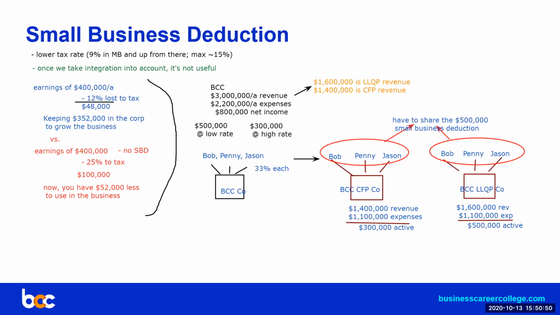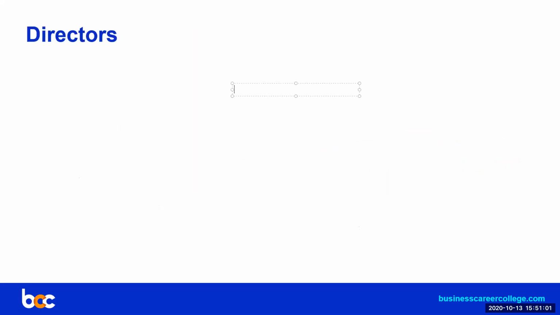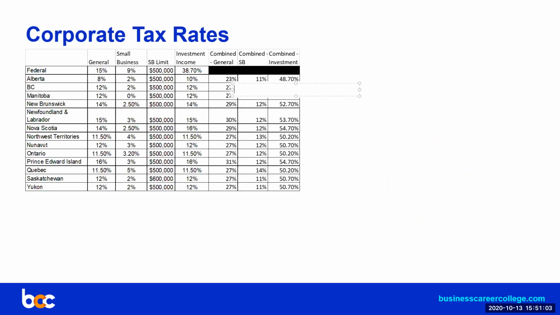Good. Okay. And remember back here, we looked at a bunch of different small business tax rates. And I think I have some 12% here. Although both New Brunswick and Nova Scotia, I have to add a decimal place to, but none of it, 12%. There you go. PEI, 12%.